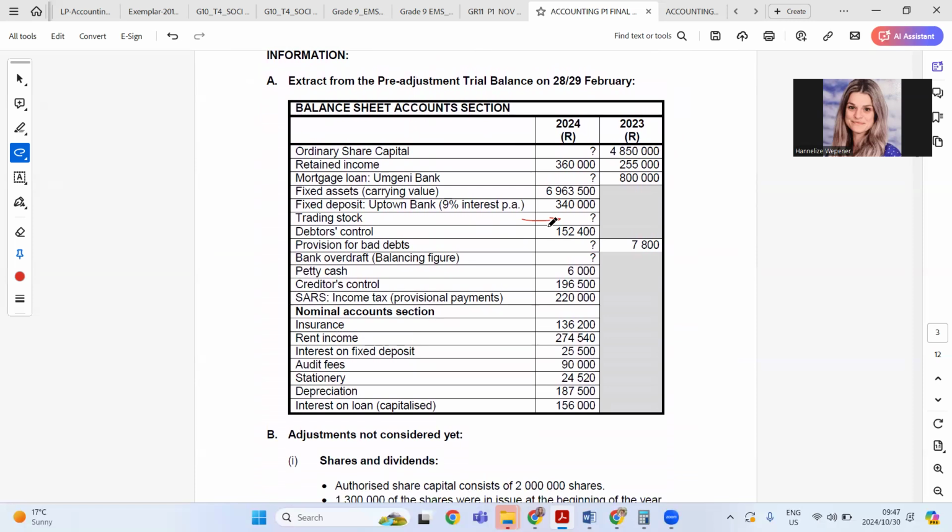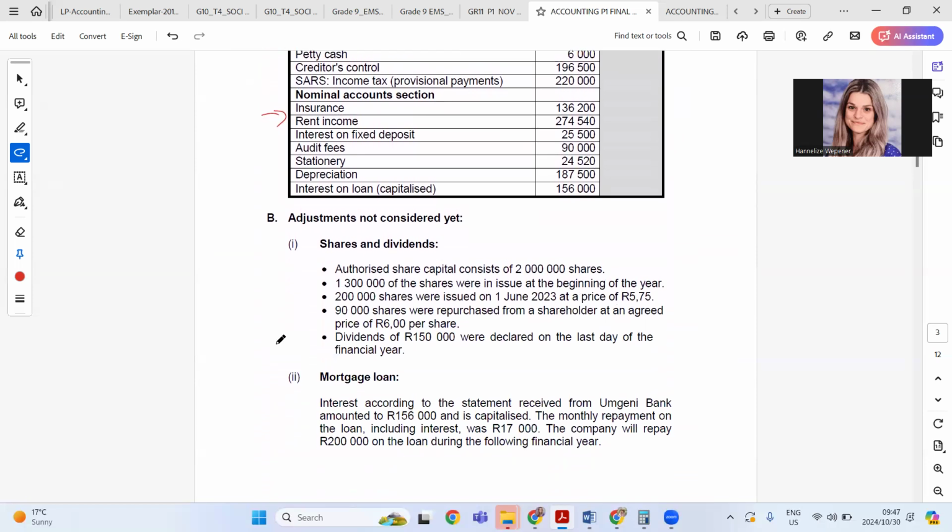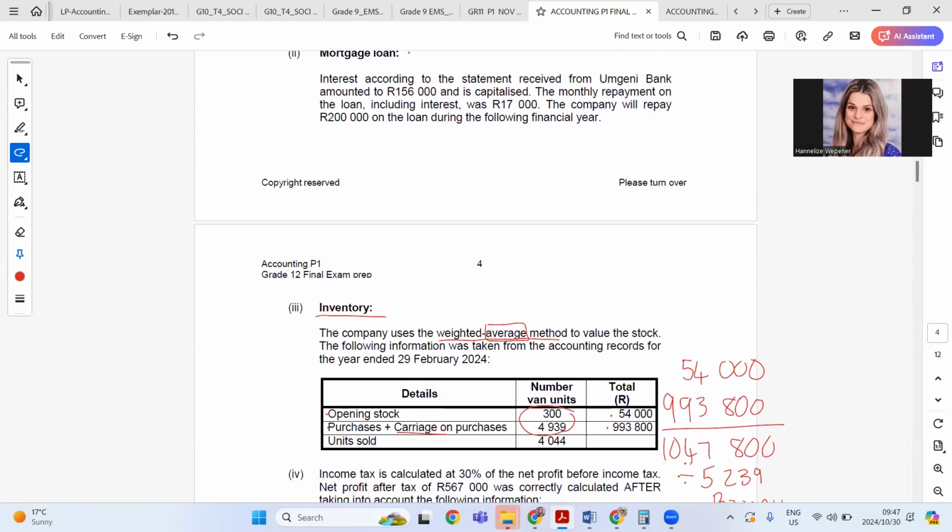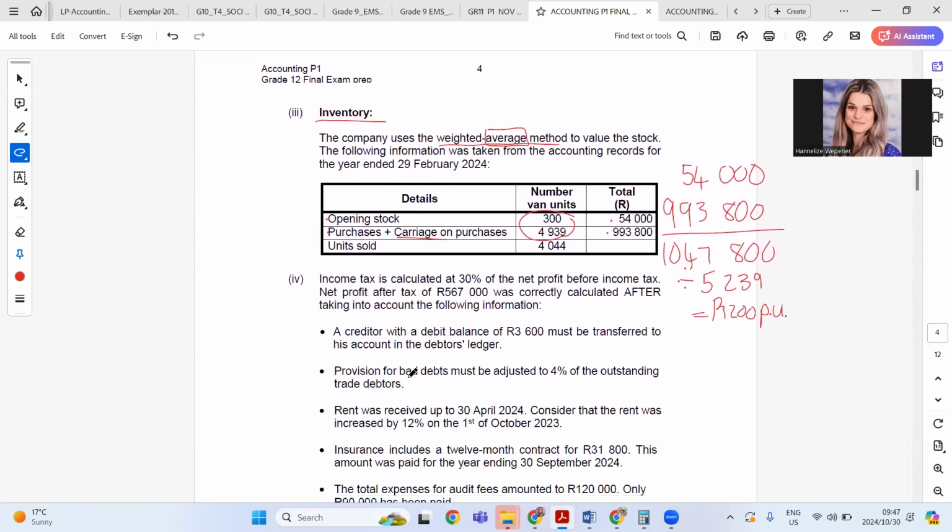It doesn't say anything about sales or units sold. Shares and dividends, not applicable. So the only information we have regarding stock is within information number 3.